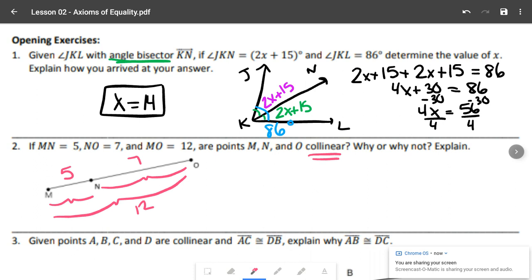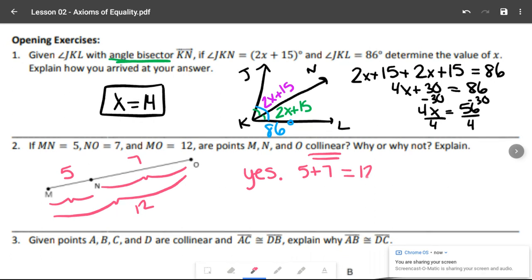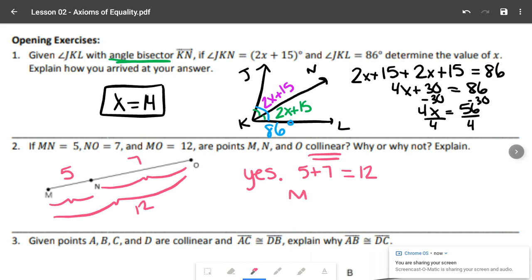And explain why or why not. The answer in this case was yes. Our reason why is because 5 plus 7 does equal 12. So our two segments MN plus NO do add up to the whole thing MO, so we know it's a straight line.